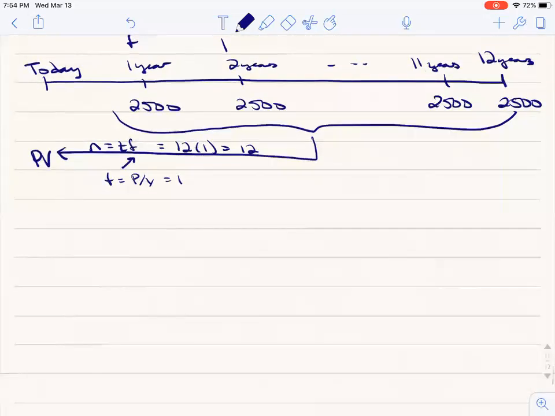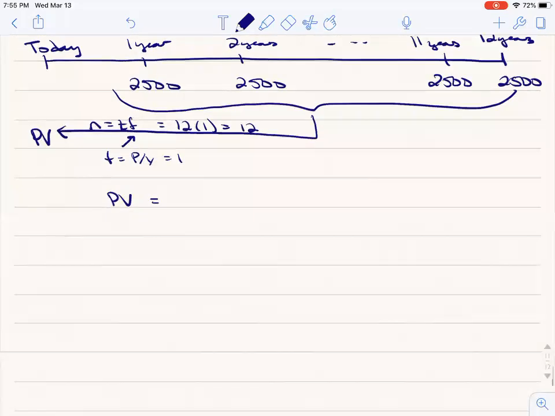Now we know the formula for our present value, because once we've paid off our loan, the future value has to be 0. If you've paid off your loan, you don't owe anything else. So the future value is gone, and we need to find the present value.